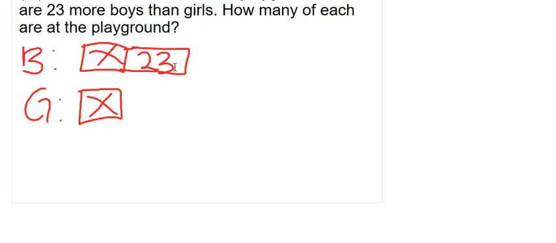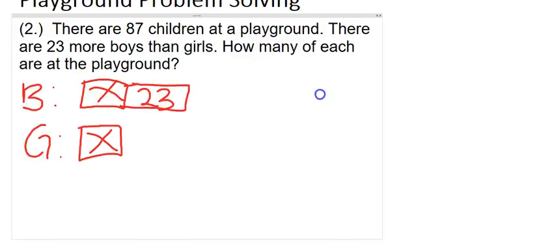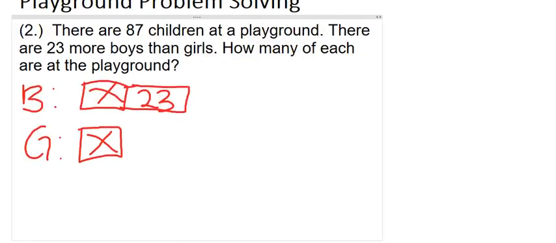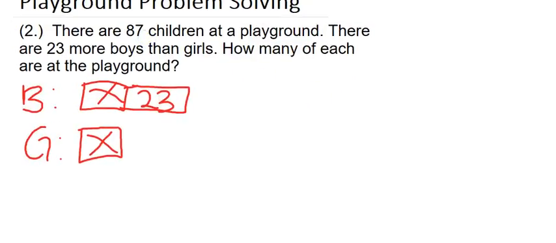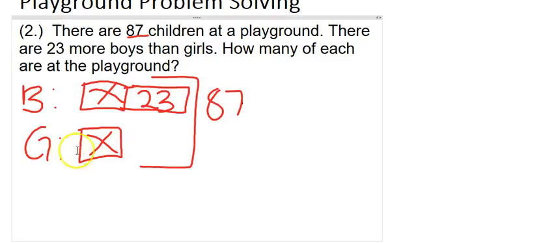So if you draw a model there, we know both boys and girls add up to be how many? 87. So if we put these together, we get 87. So how can we write the equation for this? We can add up X plus 23 equals 87.